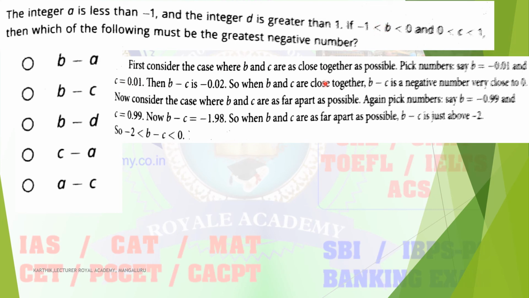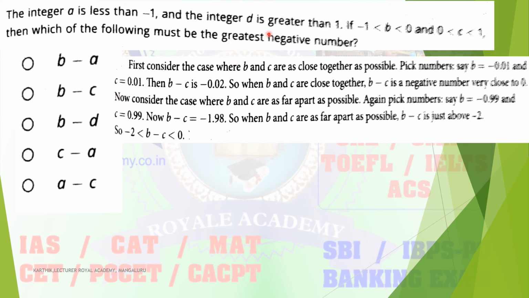So I will choose b equal to -0.01 and c equal to 0.01. Then b minus c is -0.01 minus 0.01, which is -0.02.